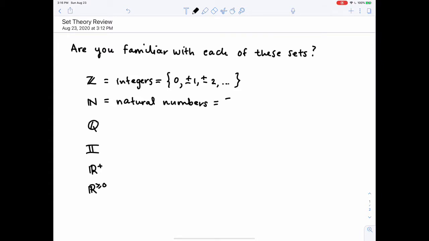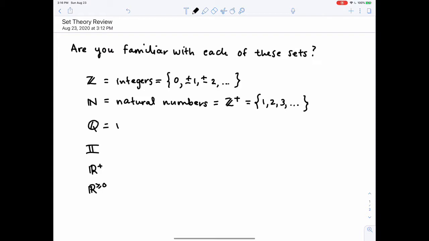And another way that you can think of these is it's the set of positive integers. So it does not include 0, and that's a convention. Some people will say the natural numbers include 0, but for our purposes in this class, we will think of them as only the positive integers.